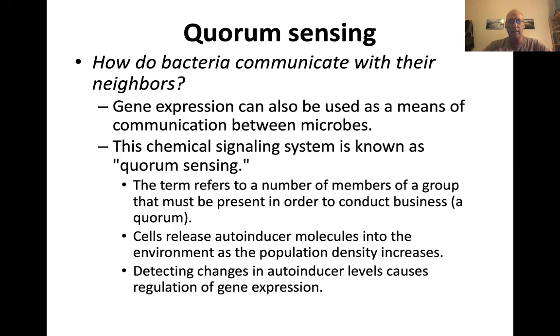And it is allowed to be released from the cells, and it's used essentially as a density sensor. So the bacterial culture can keep track of its population. So this system is referred to as quorum sensing.